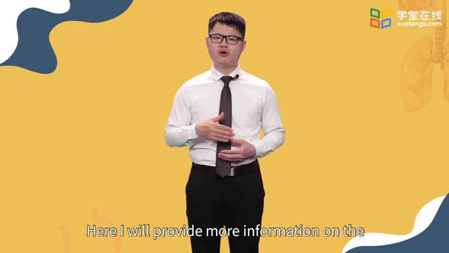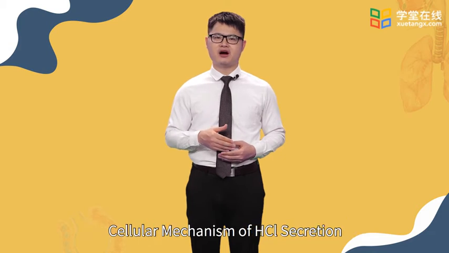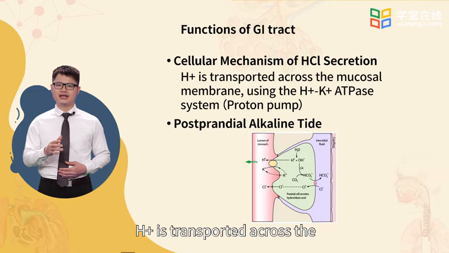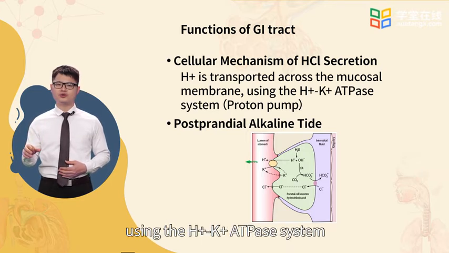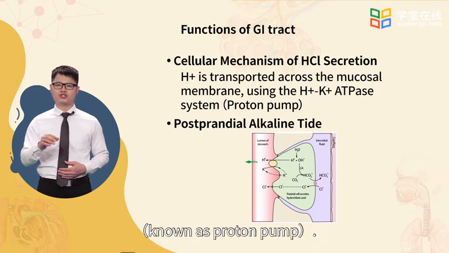Here, I will provide more information on the cellular mechanism of hydrogen chloride secretion. The hydrogen ion is transported across the mucosal membrane using the hydrogen-potassium ATPase system, which is also known as the proton pump.